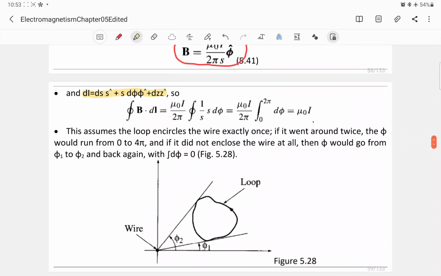By the way, this assumes that the loop encircles the wire exactly once. If it went around twice, for example, phi would run from 0 to 4 pi. And if it did not enclose the wire at all, then phi would just go from phi 1 to phi 2 and back again, and the integral of d phi there would just be equal to 0. So the loop should encircle the wire at least once.